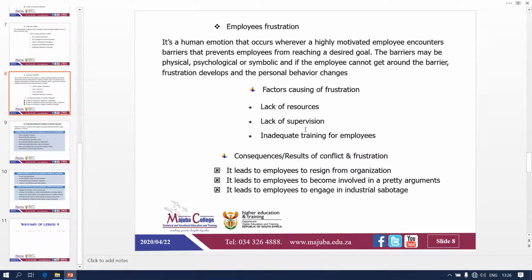We also looked at the 5 problems that are happening within the organization, which are frustration and the causes, together with conflict. And we looked at the consequences, the results of both.